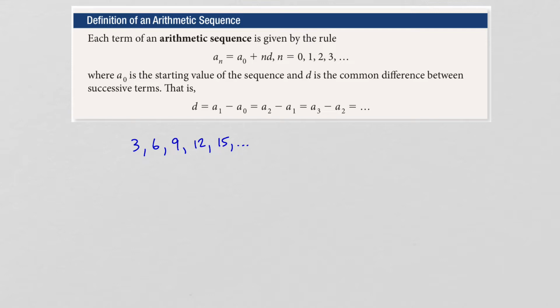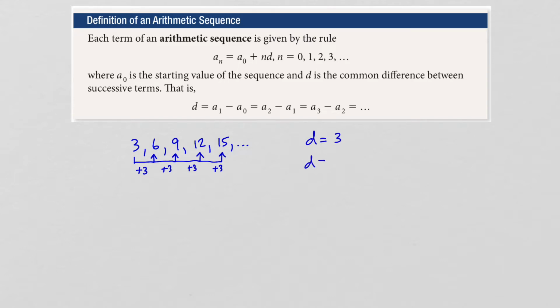The common difference from one term to the next is how much you have to add to get to the next term. So to get from 3 to 6, we have to add 3. To get from 6 to 9, we also have to add 3. From 9 to 12, again, adding 3. And every successive term after that comes from adding 3.